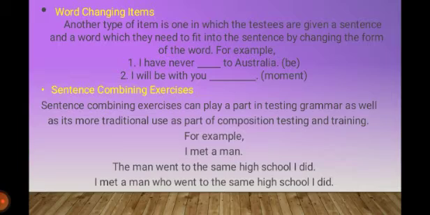Another type of item is one in which the testees are given a sentence and a word which they need to fit into the sentence by changing the form of the word. You can see the example. And last, sentence combining exercise. Sentence combining exercise can play a part in testing grammar as well as its more traditional use as part of composition teaching and training. You can see the example.